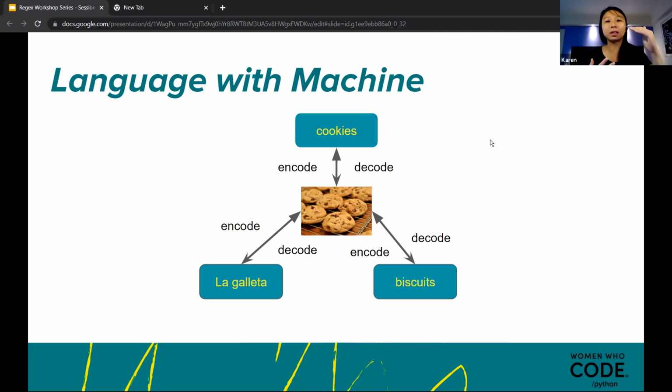This is called encoding: from what we see as COOKIES to the machine understanding it. On the other hand, if you type the exact same word in Microsoft Word, it shows up as the exact same phrase, COOKIES. Why? Because the 01010101 is decoded as cookies.